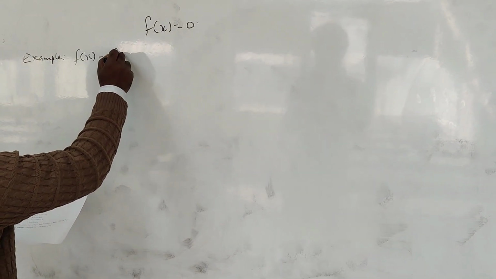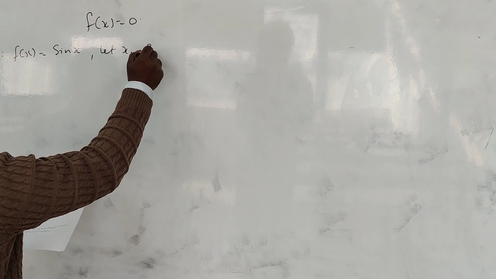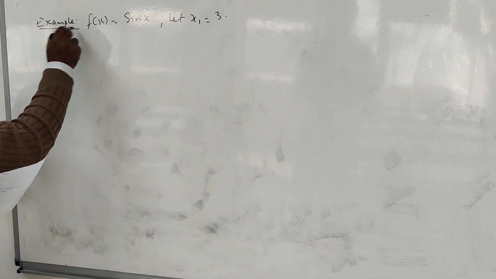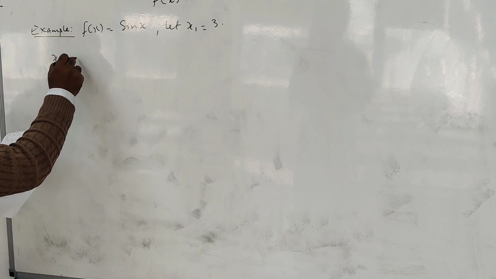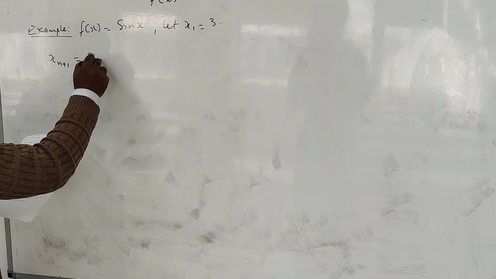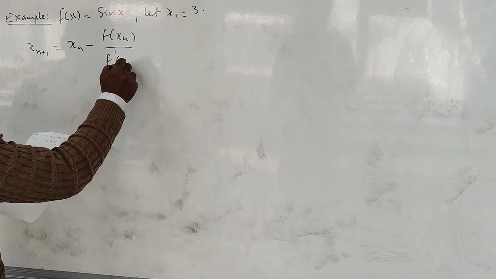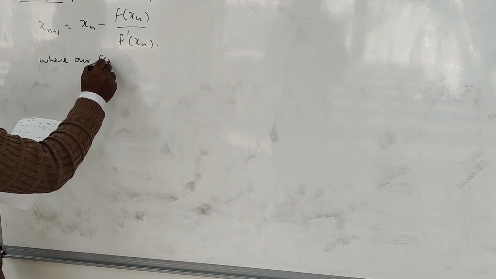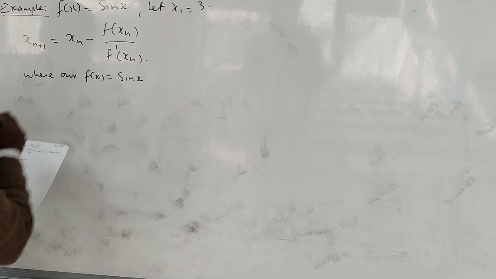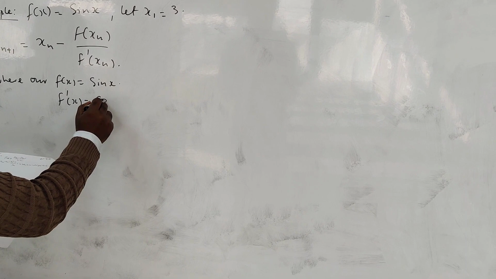We're going to take f of x to be equal to sine x, and we let our x1 be equal to 3. From the previous class, we were given that Newton's method has this formula: x n plus 1 equals x n minus f of x n divided by f prime of x n. Our f of x is given as sine x, so we find the first derivative of sine x, which gives us cos x.